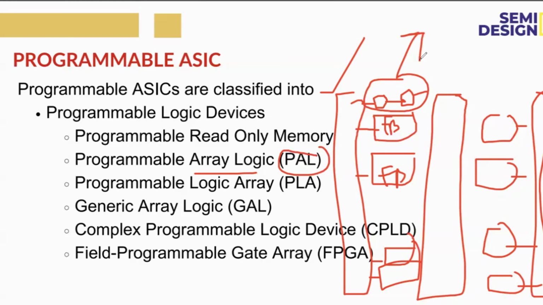Suppose here there is one logic block, a second logic block and a third logic block. Here there will be switch interconnections, and here also there will be switch interconnections. How will we connect each logic block? The switches will be connected like this.